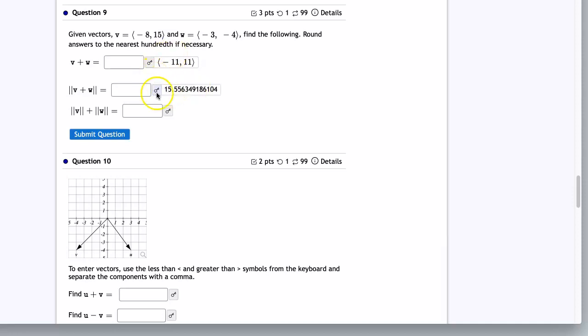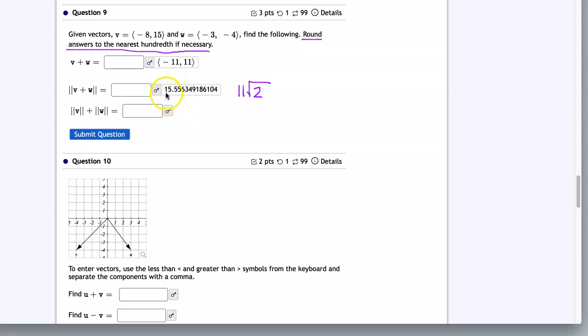And here there's a decimal approximation, but as much as possible, anytime you can enter something in exactly, you should enter it in exactly. Sometimes the answer is written as a decimal, but MyOpenMath will still expect you to give an exact answer. However, in this particular problem, it does say round answers to the nearest hundredth if necessary. So there is that option.